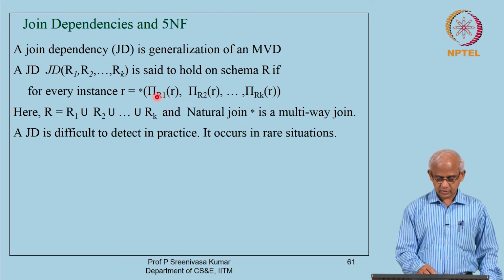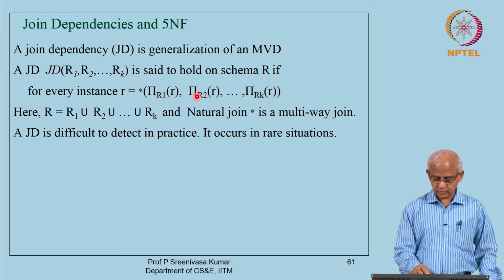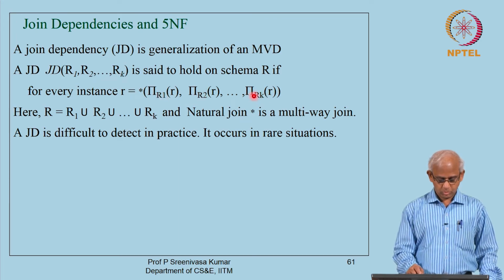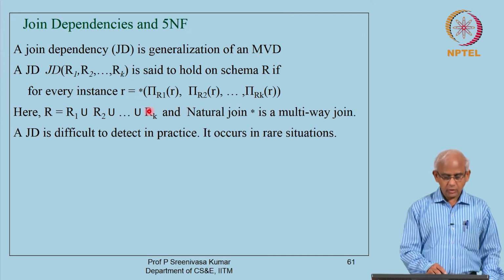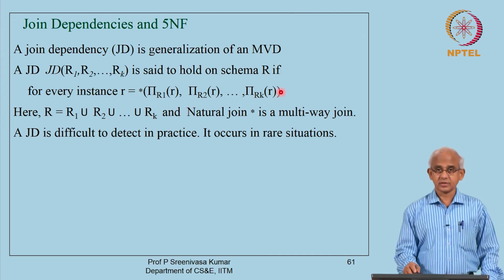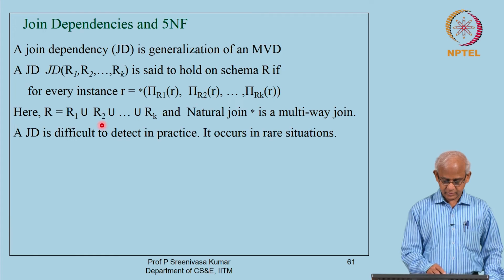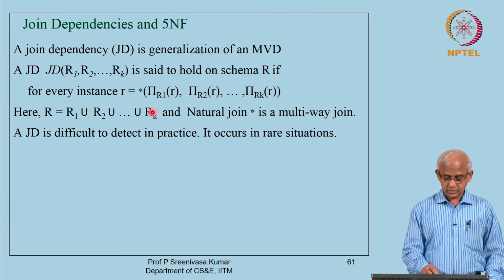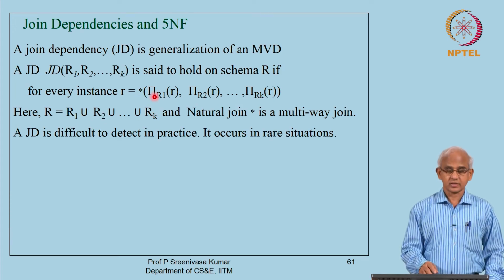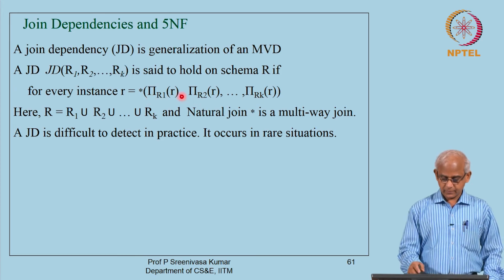It is the same as R subscript 1 and R subscript 2 like that. Okay. So, this kind of a condition is indeed very difficult in practice to find out that it is occurring in the data.